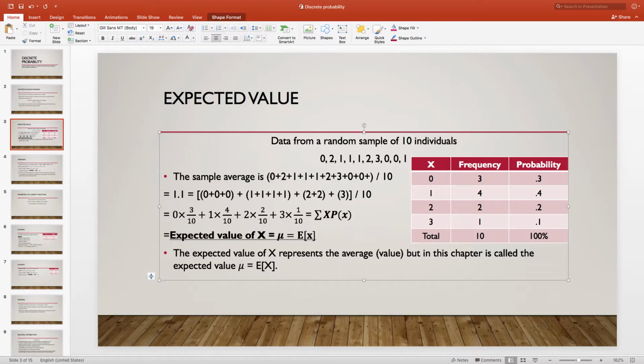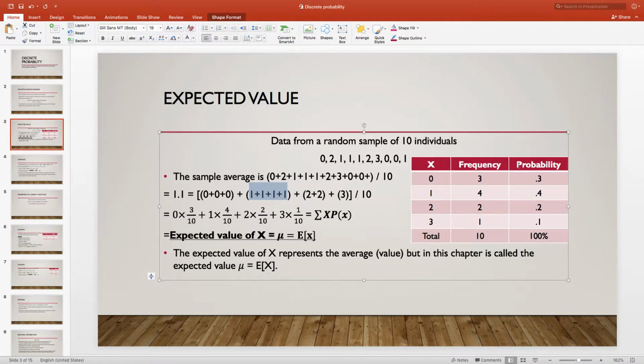Now I'm going to rearrange this data. I'm going to organize all the zeros. There are 3 of them, we see that by the frequency. Then there are 4 ones. I'm going to group them. I'm going to group the 2s, and I'm going to group the single 3. And they're all divided by 10, and I can regroup this to be 0 times the number of zeros, which is 3 over 10.